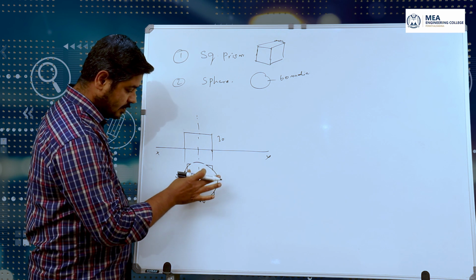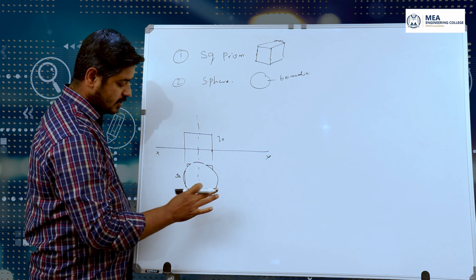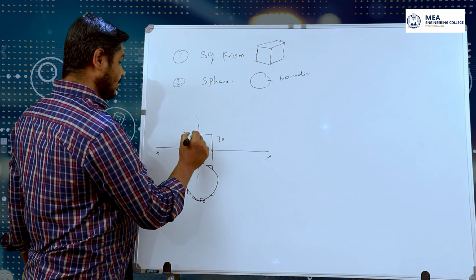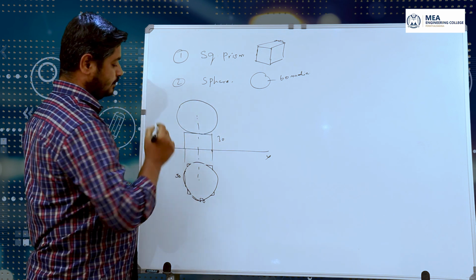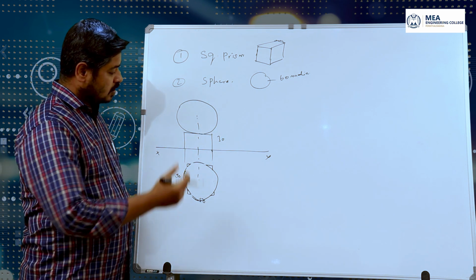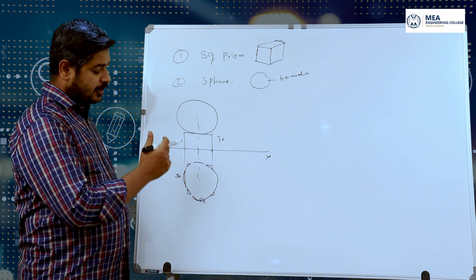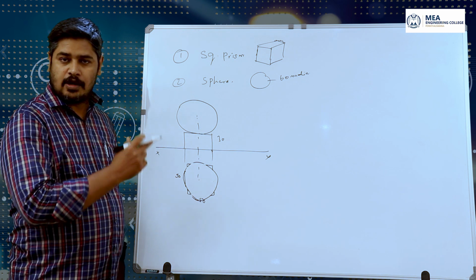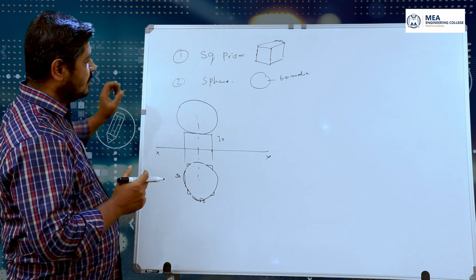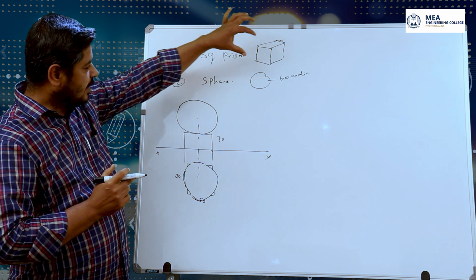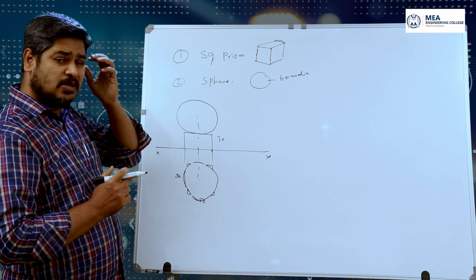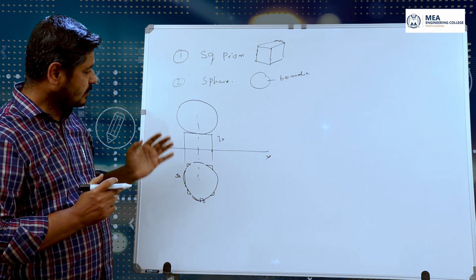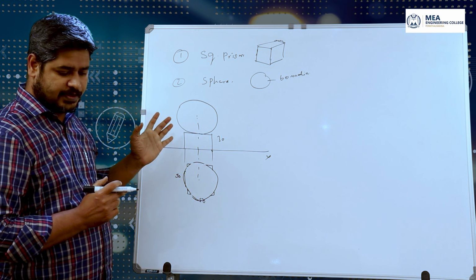Am I right? So these are the visible parts. Now I can draw the same thing here also. This is the front view and the top view of the given setup. Here a combination of two solids is there. The first solid is a prism, the second solid is a sphere. Now the ultimate aim is to construct the isometric view of this combination.